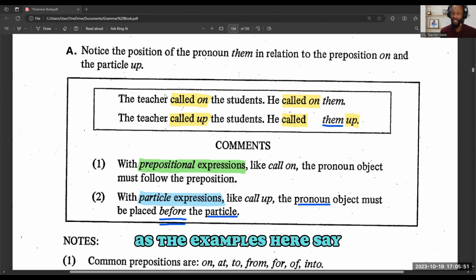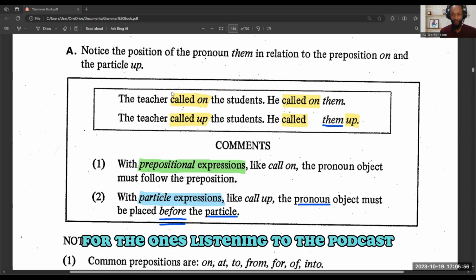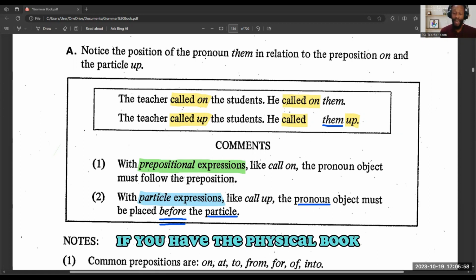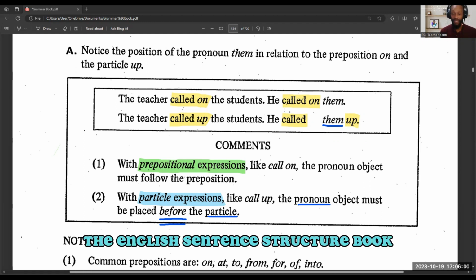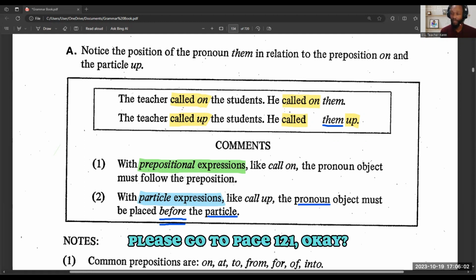For the ones listening to the podcast, if you have the physical book, the English sentence structure book, please go to page 121.